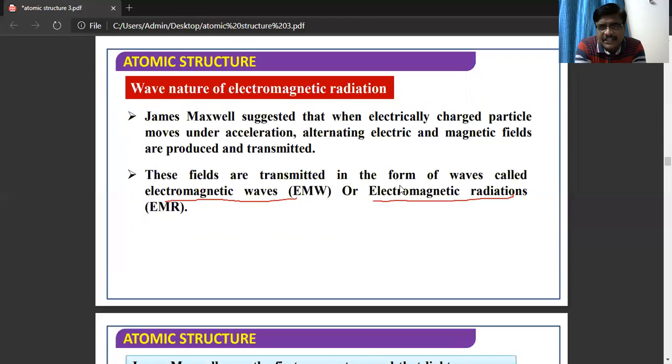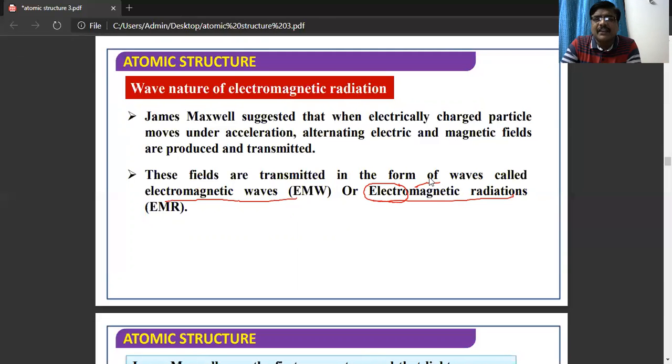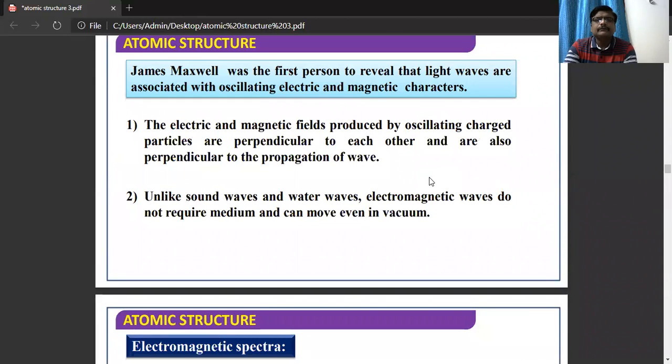The name itself suggests it: electro represents the electric field, and magnetic means the magnetic field. So it consists of both an electric field and a magnetic field. He was the first person to reveal that light waves have both oscillating electric fields as well as magnetic fields.